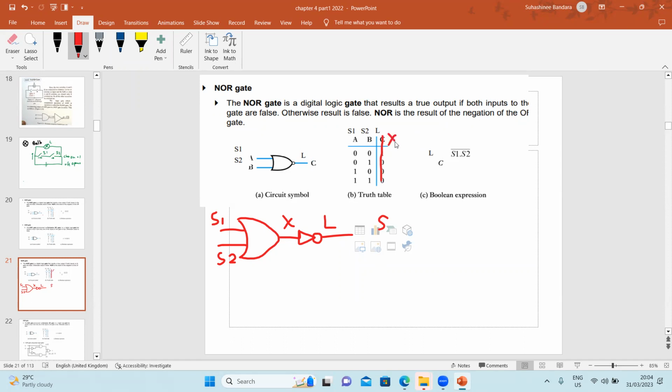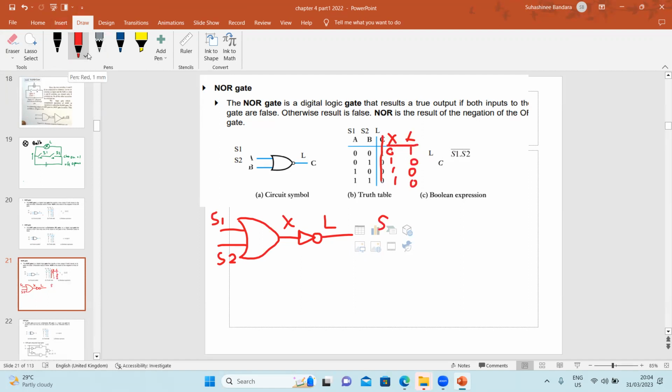X, what is the X? Addition: 1, 1, 1, 0. Then X bar means L. L will be 1, 0, 0, 0.